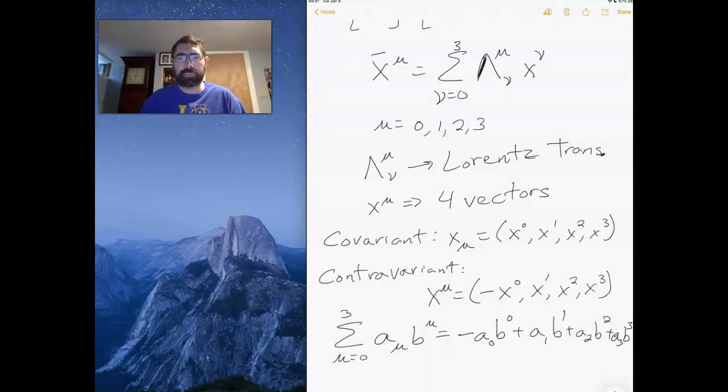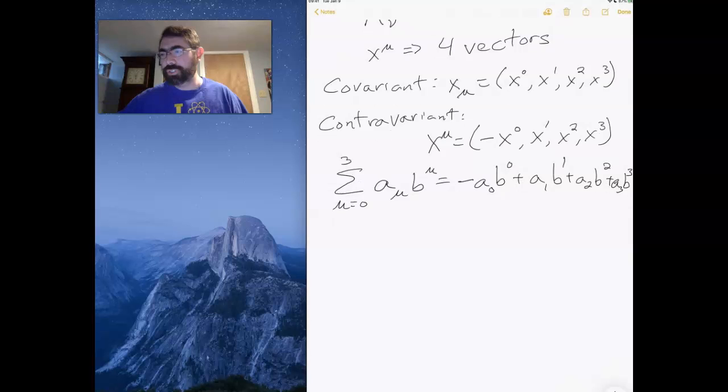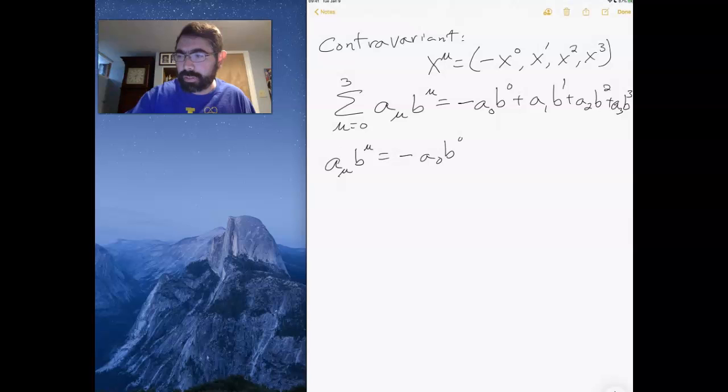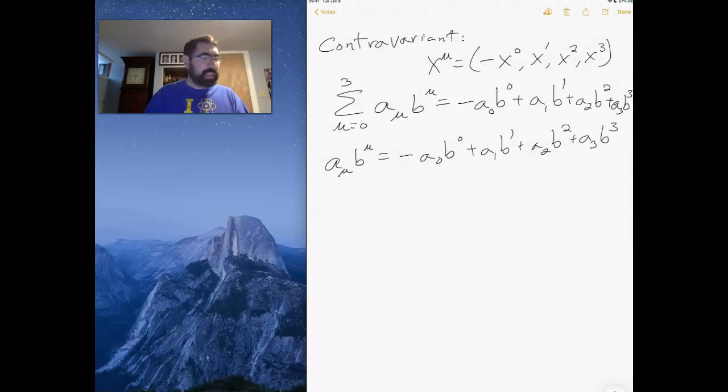None of these are exponents. But from now on, I think we should use the Einstein summation notation, where we don't use the sum anymore. Instead, we just use the upper and lower indices, which will give us the same thing. Okay, so we'll stop here, and then we'll continue this discussion on Lorentz transformation in the next video.